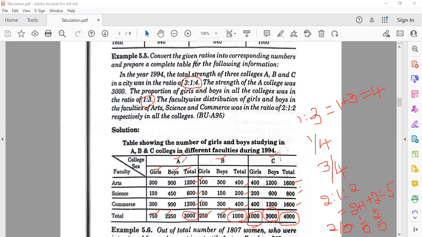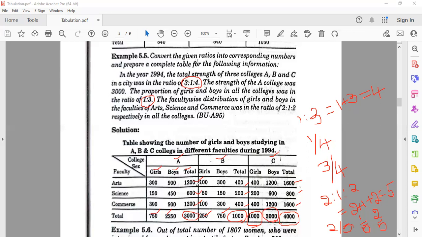So the totals of arts, science and commerce for colleges A, B and C can be calculated by using this particular ratio. Now within these totals, how do you find out boys and girls? For that, you have to use this ratio 1:3. For example, if I take arts for college A, the total students in arts is 1,200. In this, you have to take the ratio 1:3, which is nothing but 1 by 4 and 3 by 4.